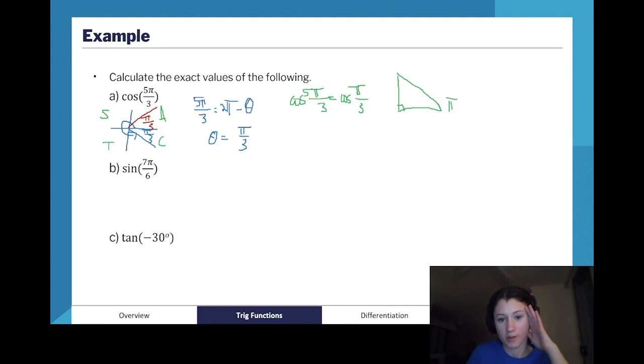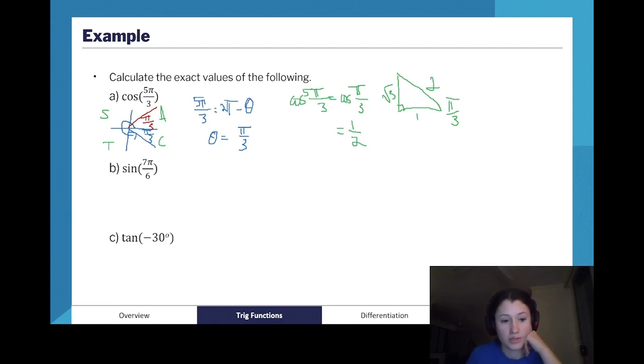Pi on 3 is going to be down here on our special triangle. Pop in our sides. The cos is the adjacent over the hypotenuse, which is 1 on 2. And that is our answer.